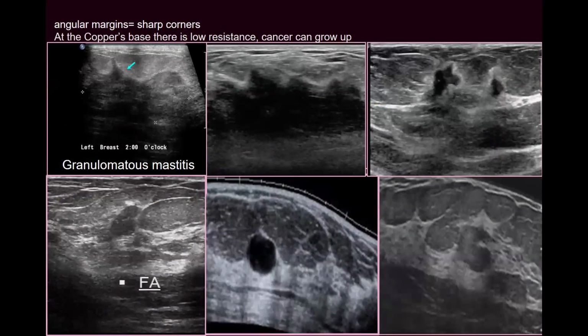I searched for lesions other than breast cancer that can give angular margins or spread through the Cooper ligament.